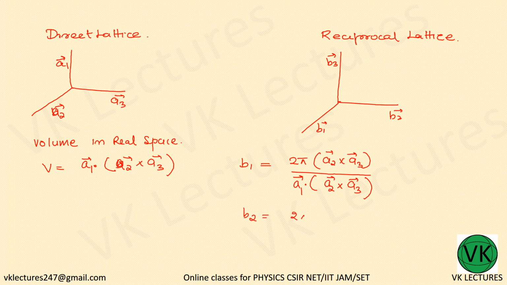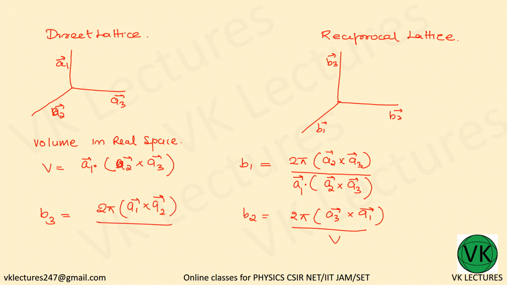B2 equals 2 pi times A3 cross A1 divided by volume. Similarly, B3 will be equal to 2 pi into A1 cross A2 divided by volume. Volume is nothing but A1 dot A2 cross A3. Now please remember this value. And what are B1, B2 and B3? These are reciprocal lattice vectors.